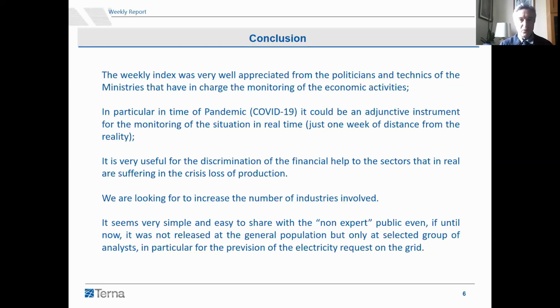As statisticians, we with our colleagues at Terna are looking to increase the number of industries involved in this exercise, to make this index more robust.